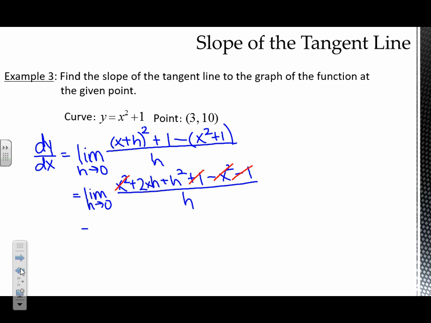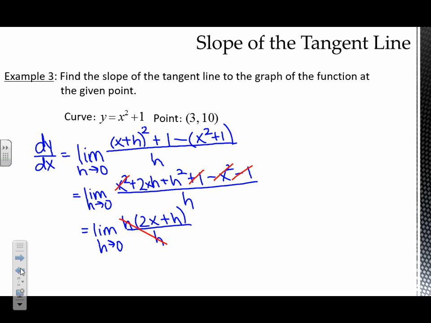We can then factor an h out. So our h's cancel. Then what do we do? Plug what in? 0 in for h.